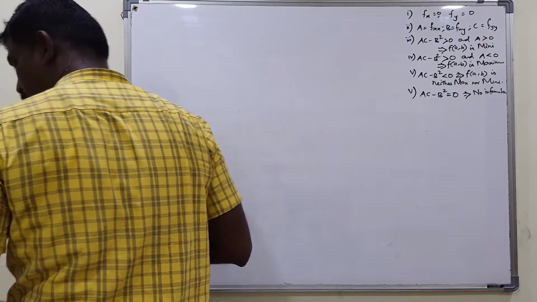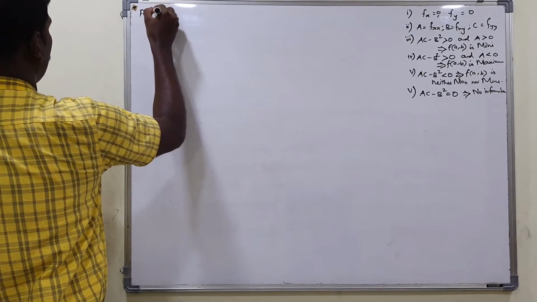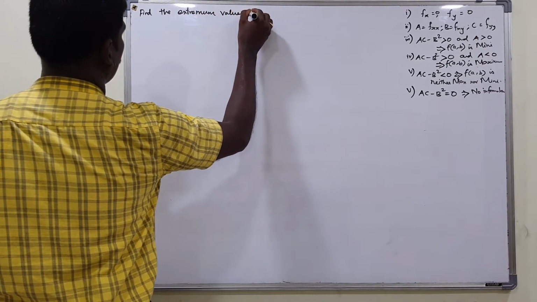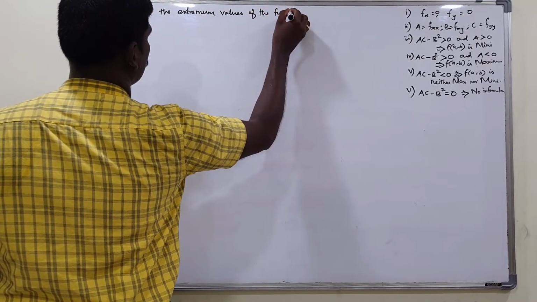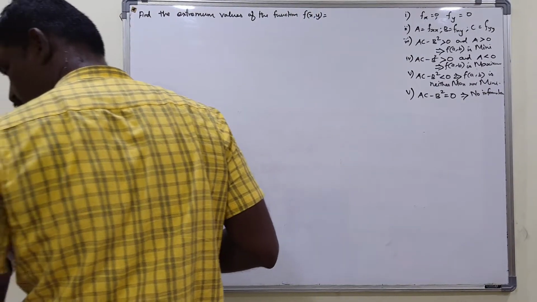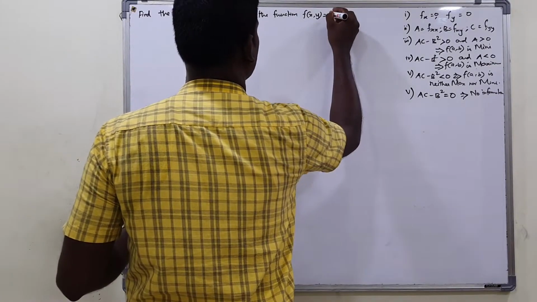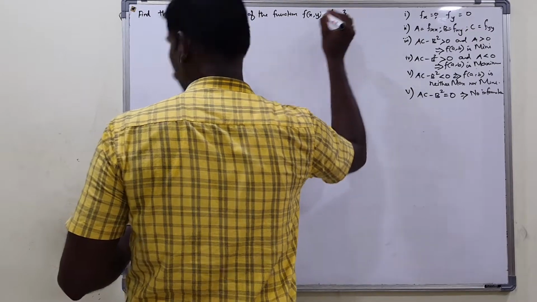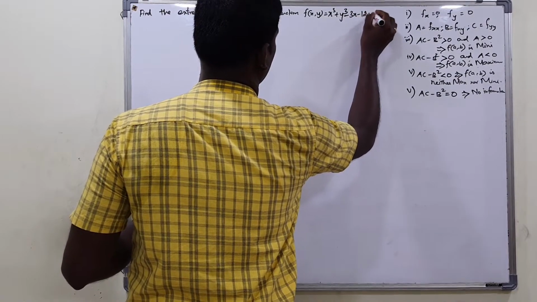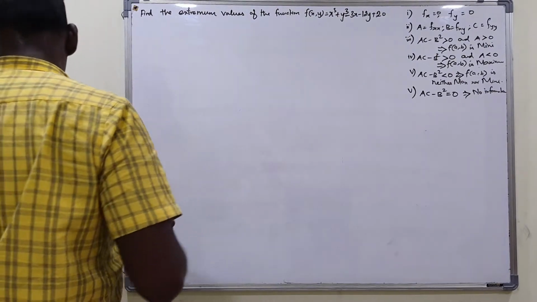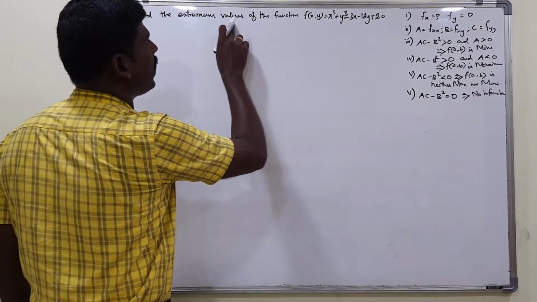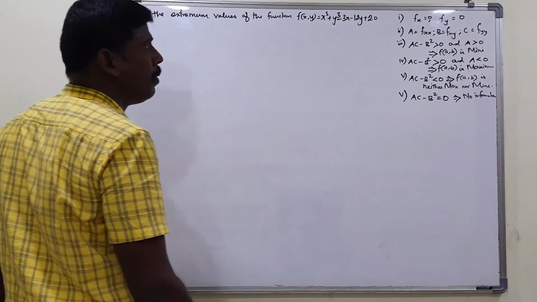Find the extremum values of the function f of x comma y equal to x cube plus y cube minus 3x minus 12y plus 20.